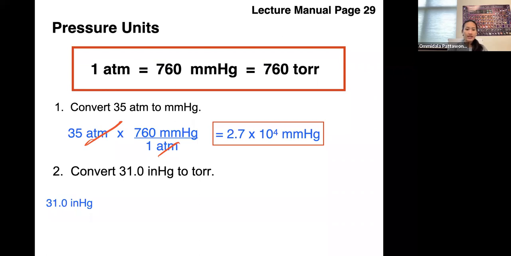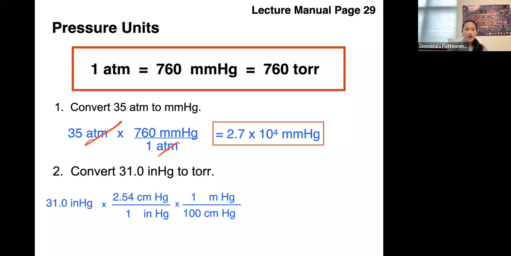In this case, we have inches of mercury that we need to convert to torr. Going from inches to torr, you don't have a direct conversion, but from Chem 121, we know that inches can be converted to centimeters: 1 inch equals 2.54 centimeters. Next, convert from centimeters to meters: 100 centimeters equal 1 meter.